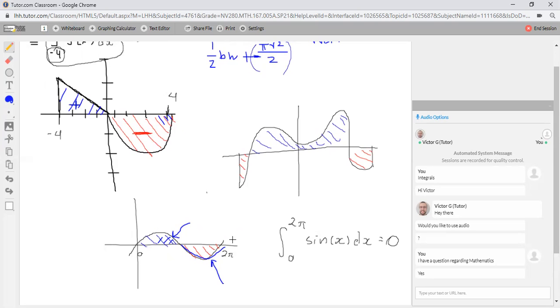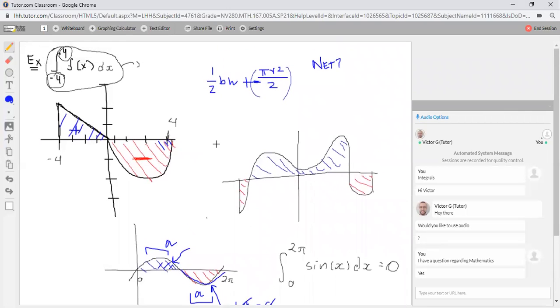So if this area was A from here to here, and this area was A from here to here, then plus A and minus A, you're saying that would cancel? Exactly. That's how we do it. Okay, so we're not just finding the area under the curve, we're finding the net area. Yeah. Okay, sounds good.